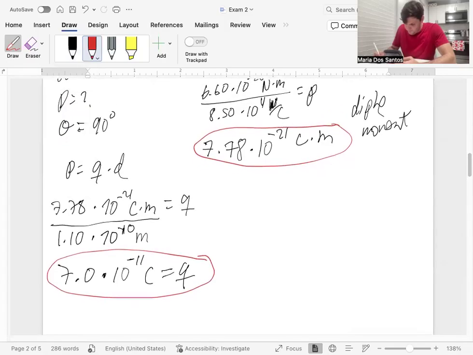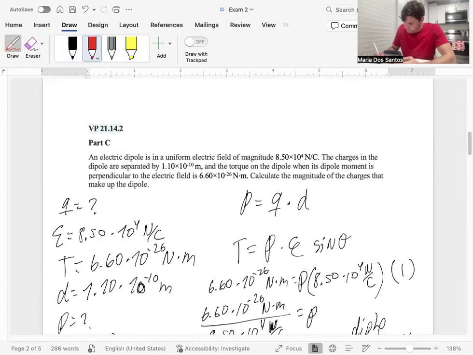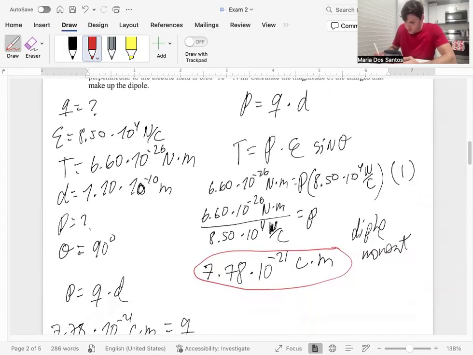That's our answer for the magnitude of the charge.